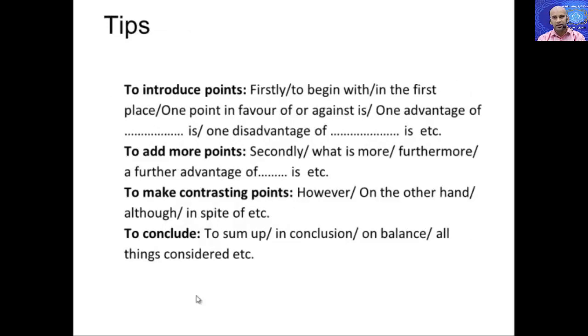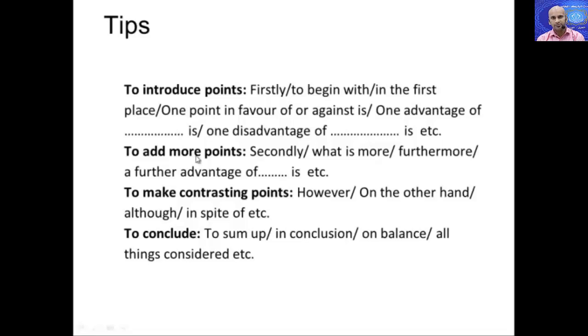These are some tips for you. To introduce points, you can use words and phrases like firstly, to begin with, in the first place, one point in favor or against is, one advantage is, one disadvantage of the internet is.